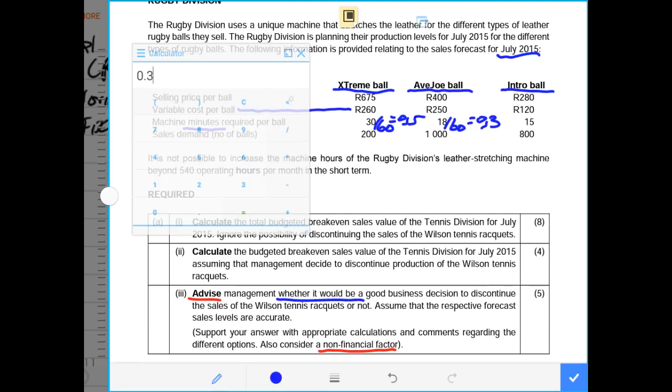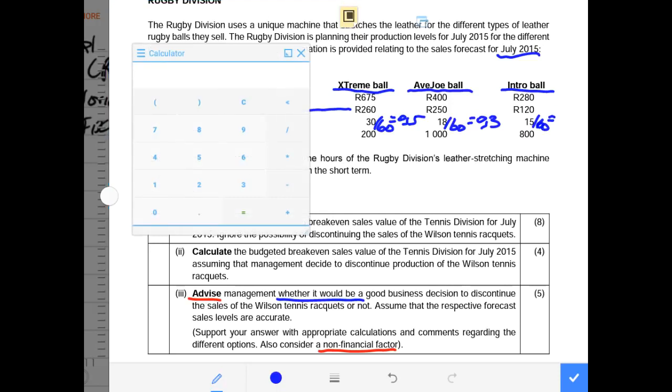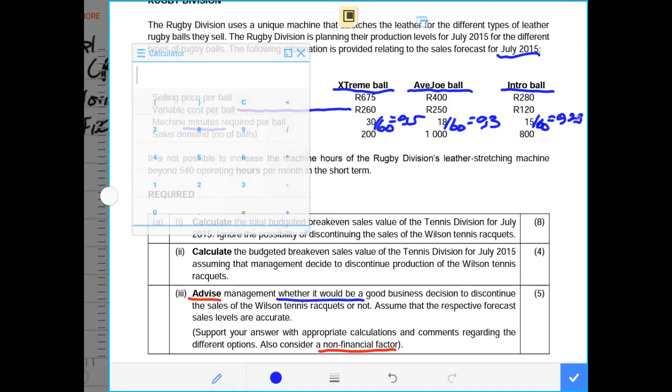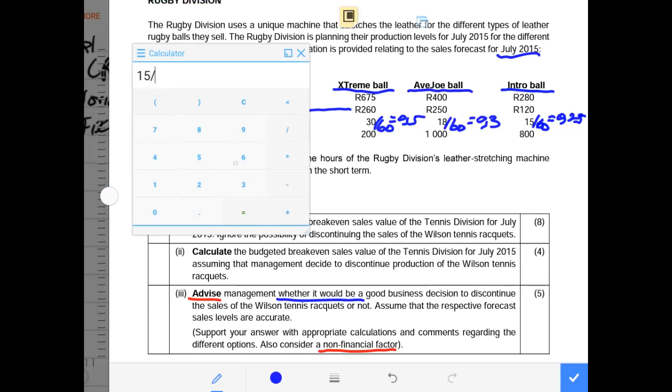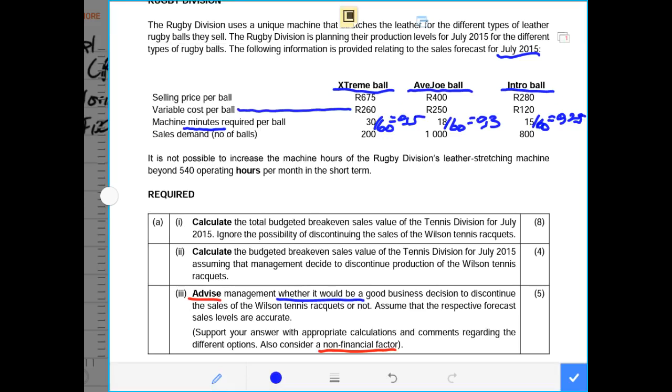Then 15 divided by 60 is equal to 0.25 hours. So now the minutes have been converted into hours.